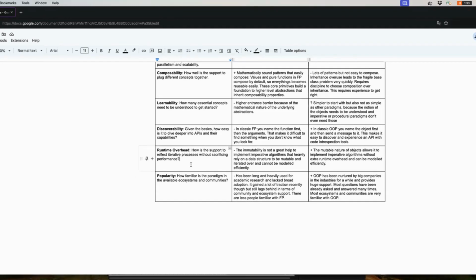Yeah, maybe one perfect example could be this runtime overhead. Since computers are inherently imperative by design, sometimes it becomes just necessary to go down that route and take an imperative approach. There are algorithms, lots of them, you probably know, and some of them are iterative by nature.